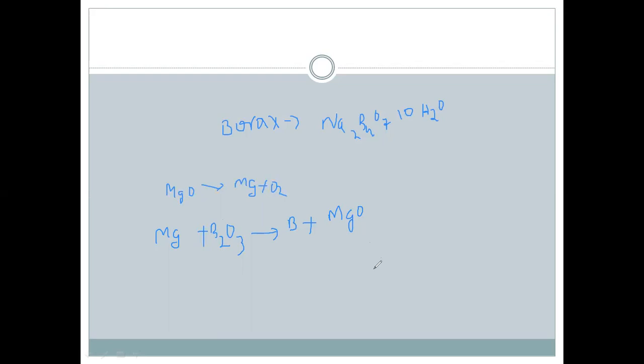Now, what are the properties of boron? Boron is a powerful reducing agent. See, CO2, carbon dioxide, is there. Treat it with the boron. What am I going to get? I'm going to get B2O3 along with carbon formation.